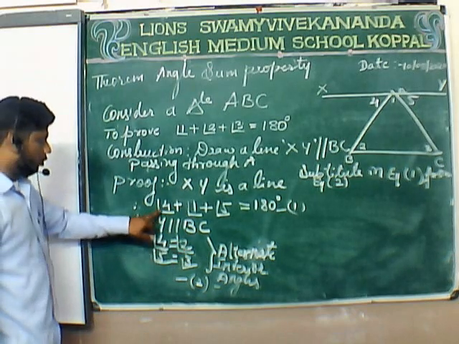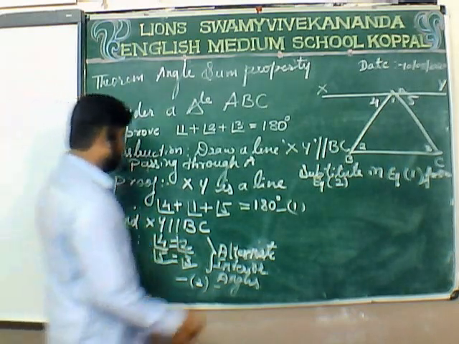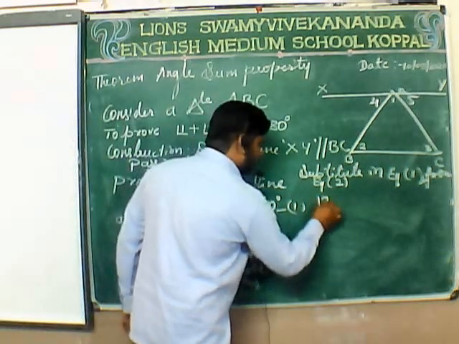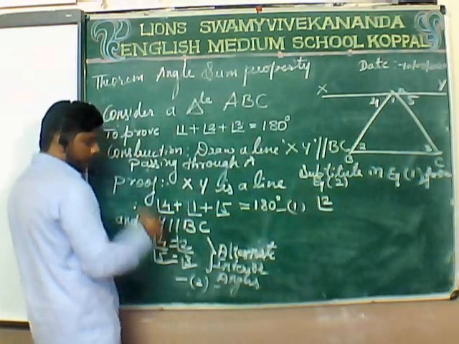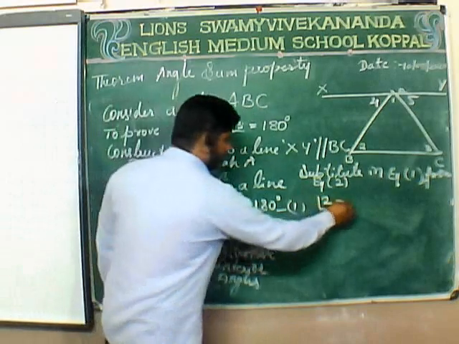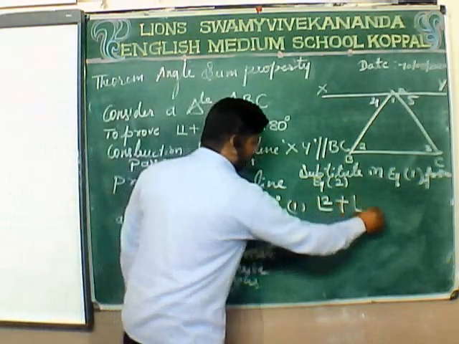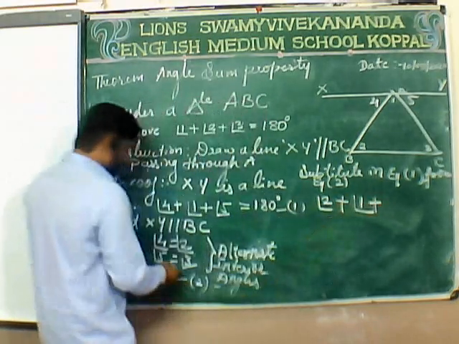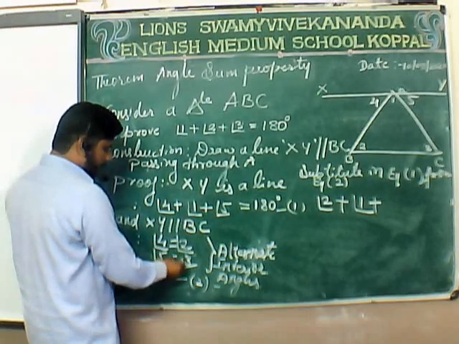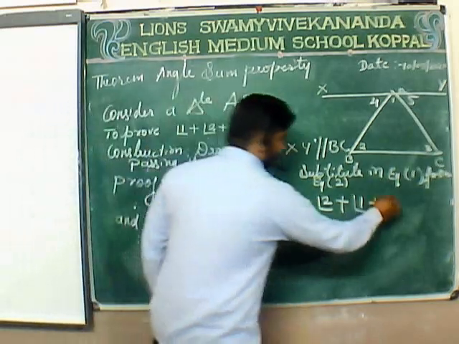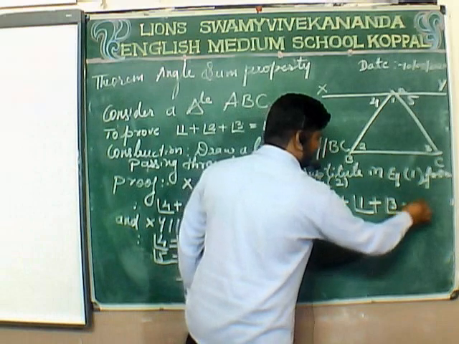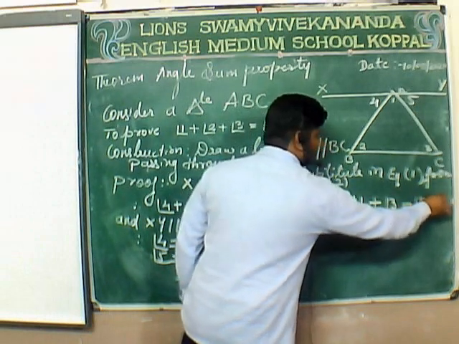So instead of 4 I will be writing angle 2 here. So angle 2. Instead of 4 I am writing angle 2. Next, plus angle 1 is angle 1 plus, instead of angle 5 I am writing angle 3 is equals to 180 degree.